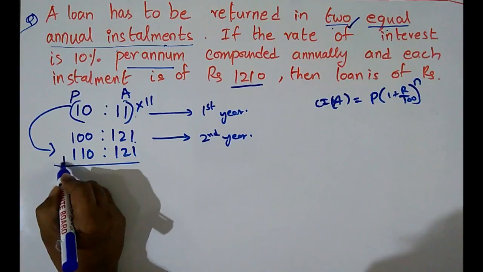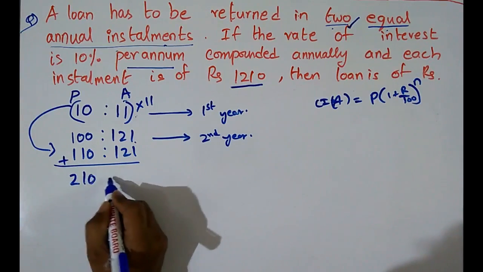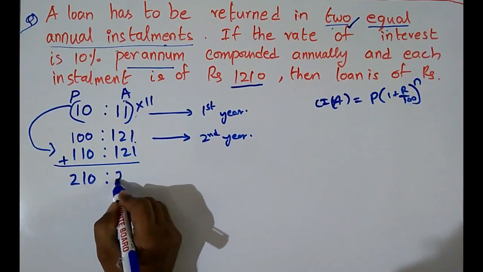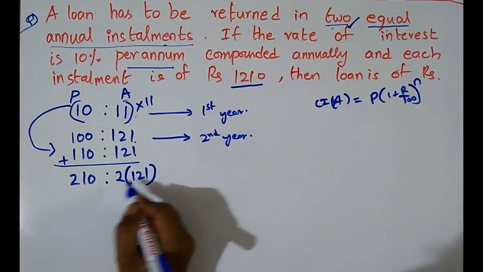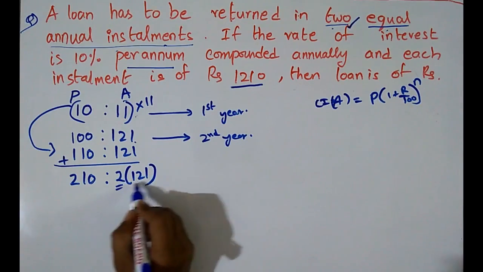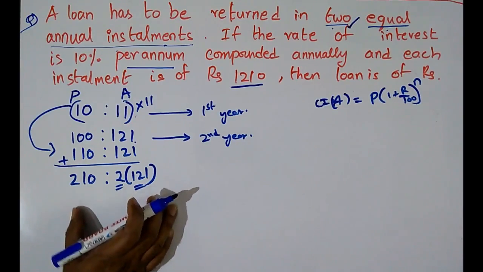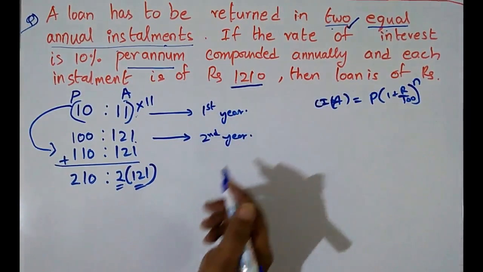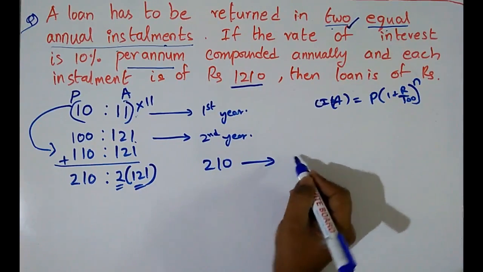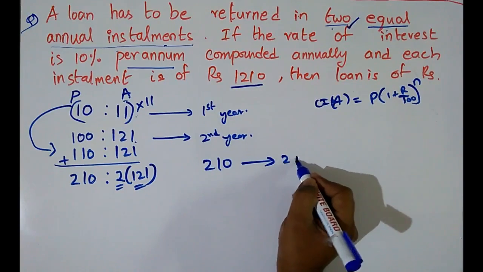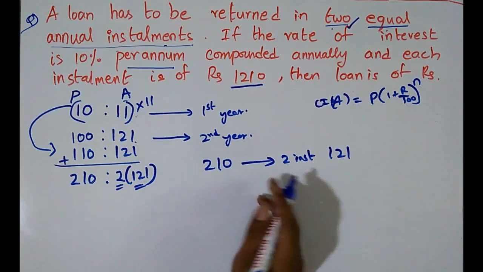Okay, friends. If we add, then 210 is given by, right, friends, 2 times 121. That is 2 installments of 121. If we consider this ratio in our question, for 210, we have to pay 2 installments of 121. Here how much are we paying? 1210.